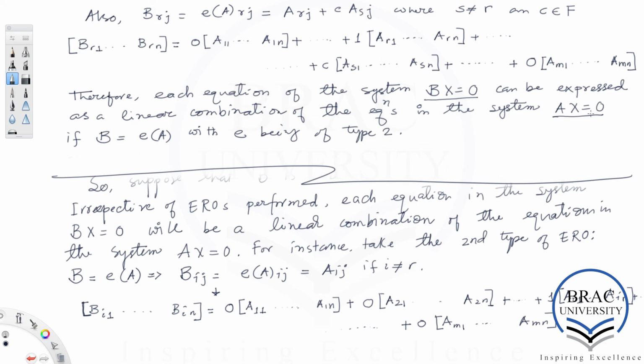Now we have to show that each equation of Ax equal to 0 can also be expressed as a linear combination of the equations in this system Bx is equal to 0. This is the goal now. Okay, let's do it.